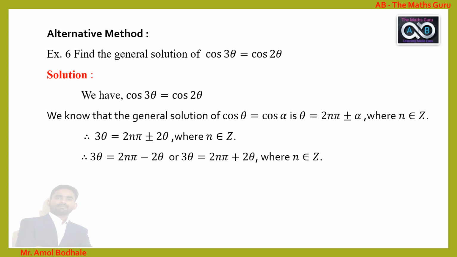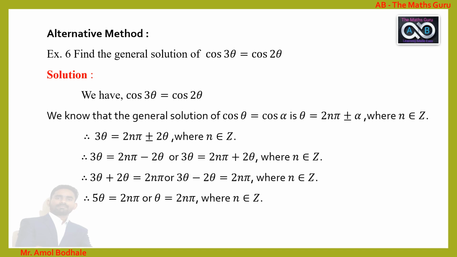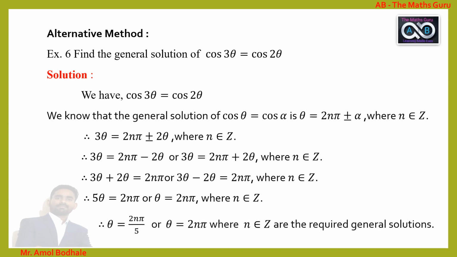If we take minus 2 theta to this side, we'll get 3 theta plus 2 theta equal to 2 n pi, and similarly if we take 2 theta to this side, 3 theta minus 2 theta equal to 2 n pi. So again here 5 theta equal to 2 n pi, or the difference theta equal to 2 n pi. If we divide by 5, we get the same solution, that is theta equal to 2 n pi upon 5, or theta equal to 2 n pi where n belongs to Z. These are the required general solution.